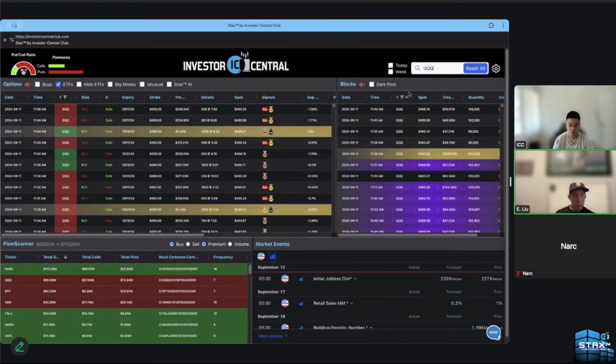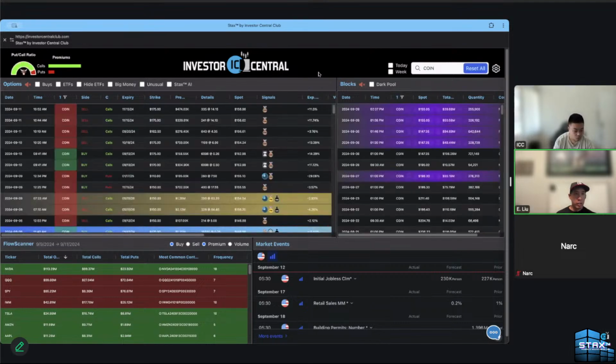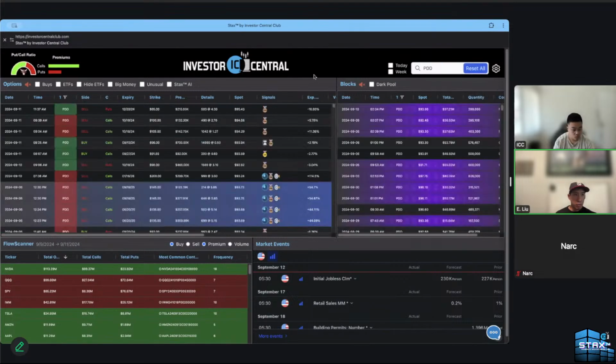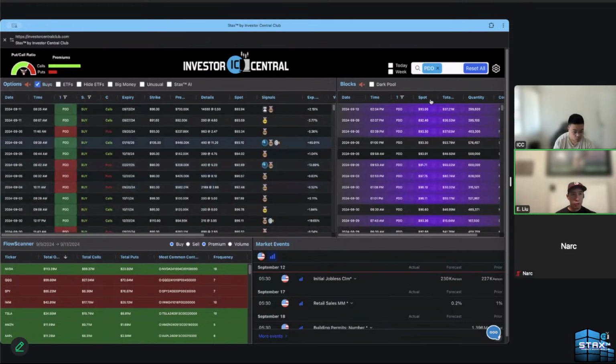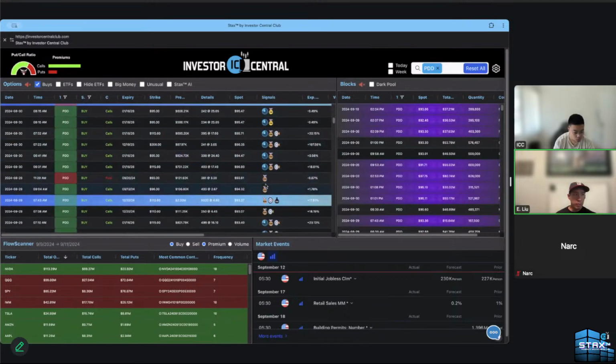So again, if you're a newer trader, definitely something I would not suggest. But for those that are more experienced, what you can do is understand, when you see those 0 days to expiration symbols for your bigger purchases, that it just shows that's the side they're getting into.